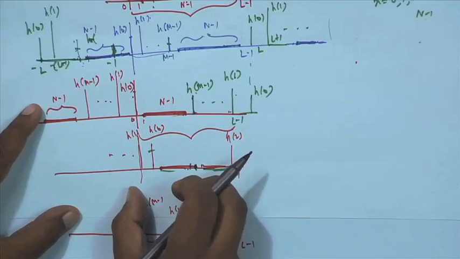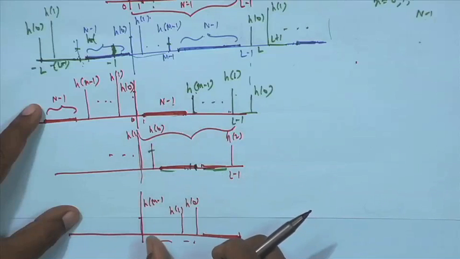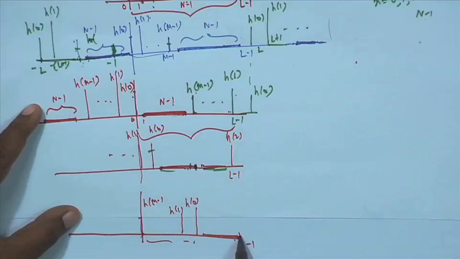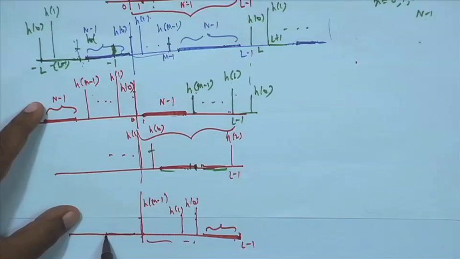So capital M samples are already here, and the 0 pad was of length n minus 1. So total length is m plus n minus 1, that is L, which means from 0 to L minus 1, this is my entire 0 pad. Okay, just count: I am considering the case where h 0, h 1 up to h m minus 1 has come, and before this I have got another 0 pad of length n minus 1.